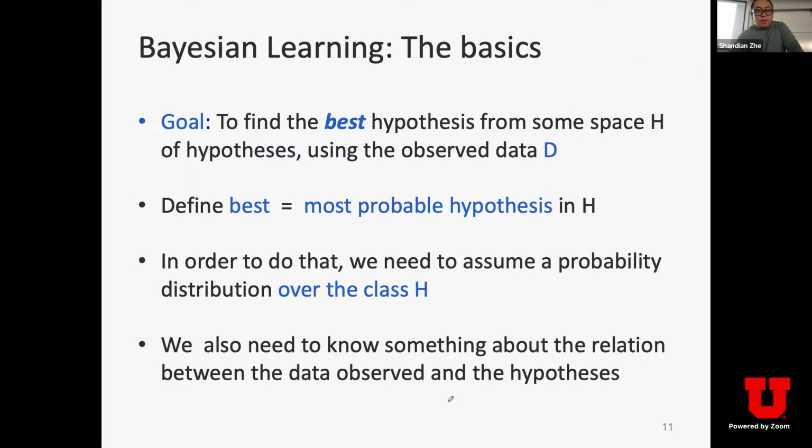And then we also need to know something about the relationship between the data observed and hypothesis. Meaning that we need to know how we can characterize the relationship for any hypothesis in this hypothesis space and the observed training data.